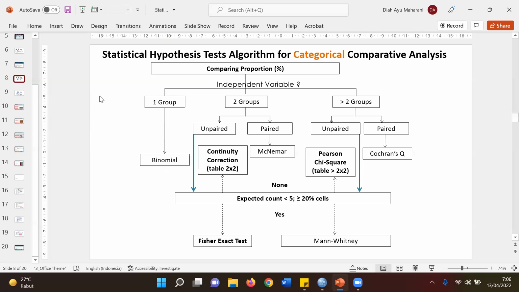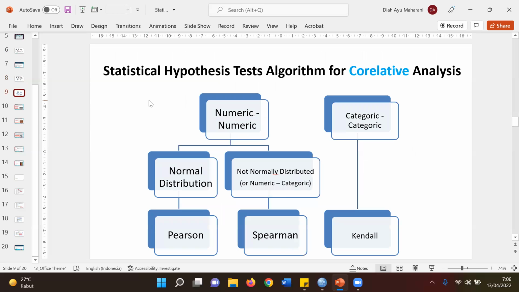After the categorical comparative analysis, later on I will also share the correlative analysis, looking at whether there is a correlation between two variables, such as height and weight, or whether, if the plaque index is increasing, the number of teeth with dental caries is also increasing or not.